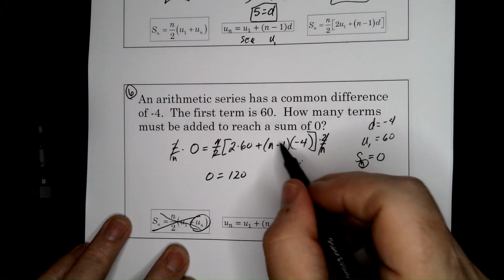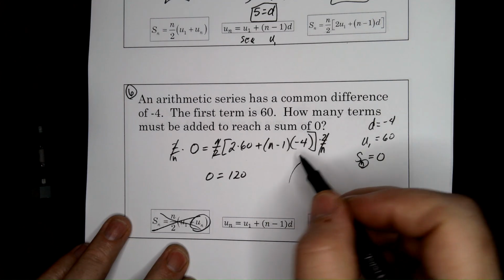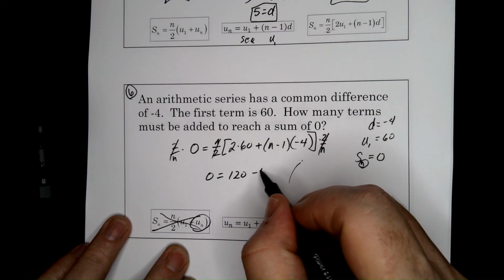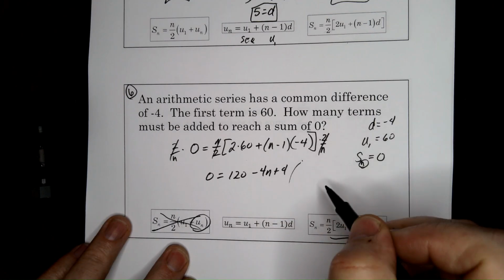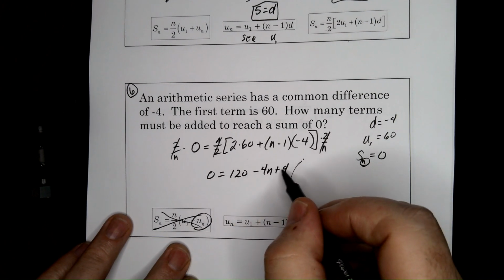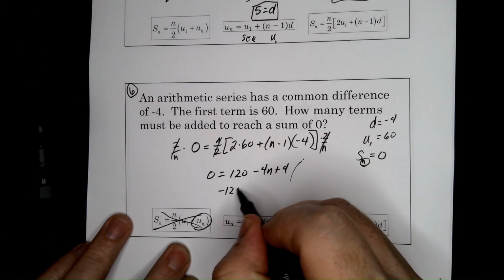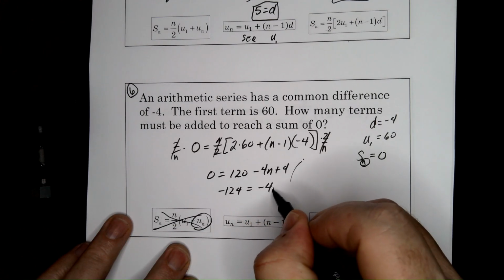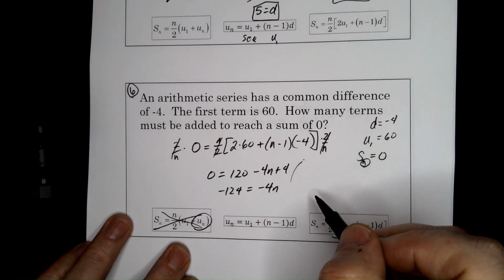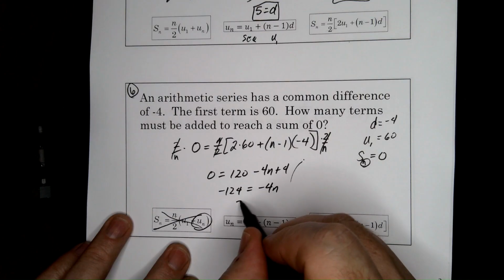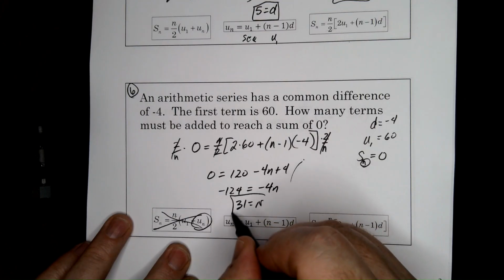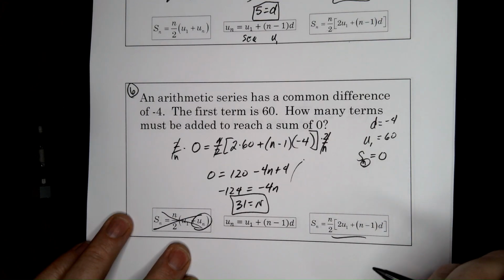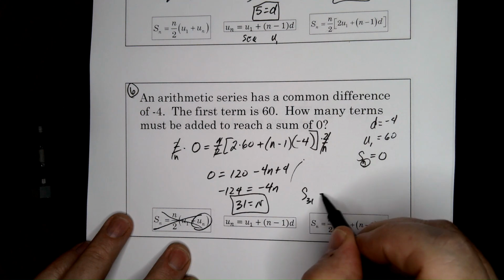And then I'm going to go ahead and distribute this because I have to solve for N. So -4N plus 4, right? So this is 124, so I'm going to subtract 124 from both sides, right? And it looks like 31. So at the 31st term, the sum would be 0. So S of 31 is going to be 0.